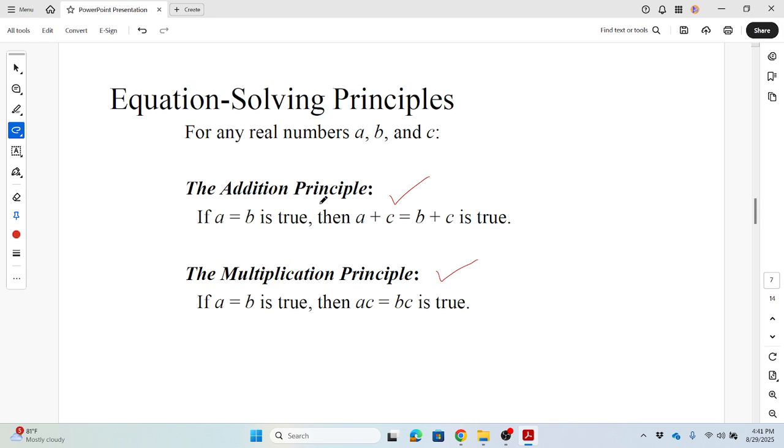The addition principle means if you have an equation like a equals b, and you add something on the left side and add the very same thing on the right side, you are going to end up with the same equation, meaning a plus c has to be equal to b plus c. That's the addition rule. The same is true if you multiply both sides by the same number.